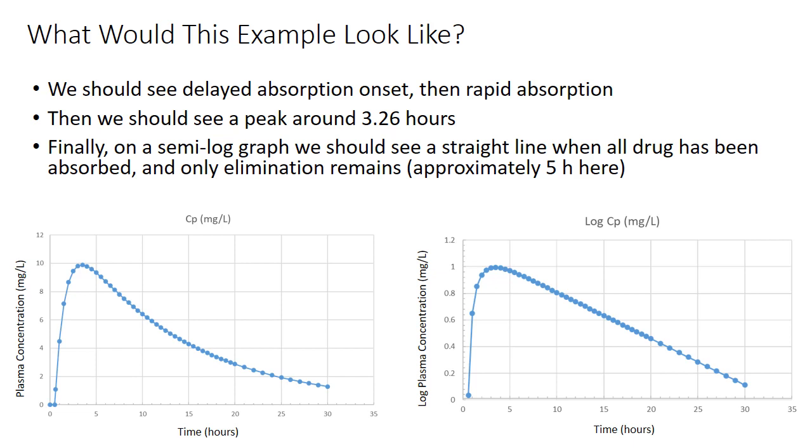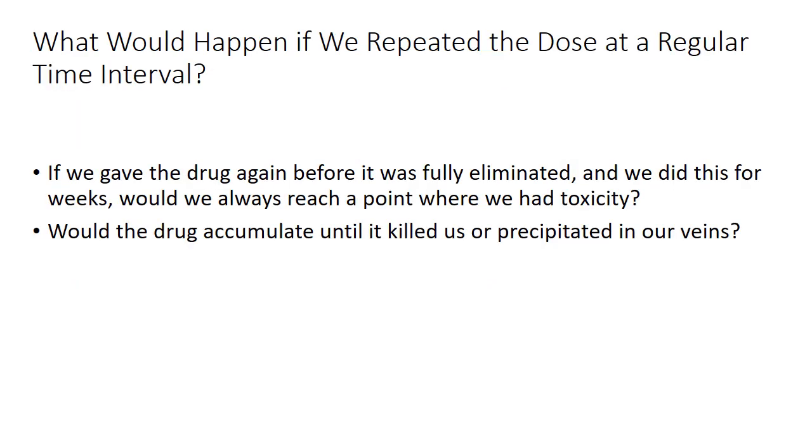We have to get a linear phase at the end if it's first order elimination, and that's the main point. So remember, when you convert it over to semi-log, instead of a curve that kind of gets weaker and weaker in terms of slope, we actually get a constant line, a perfect line on the elimination there.